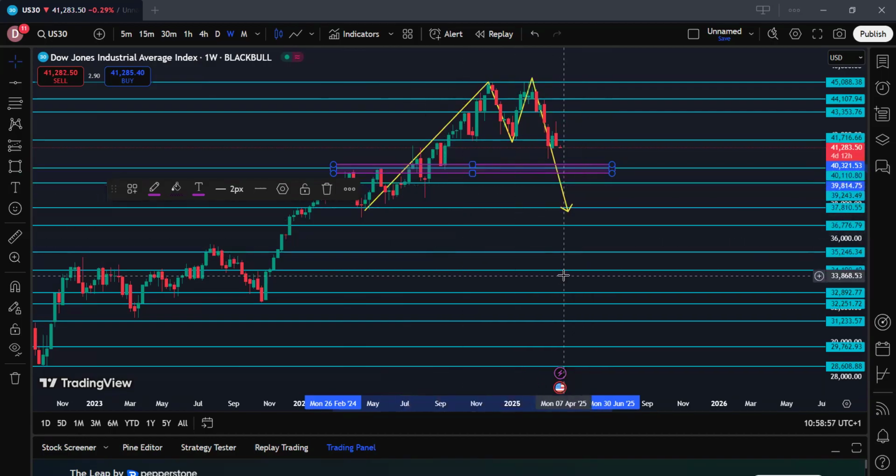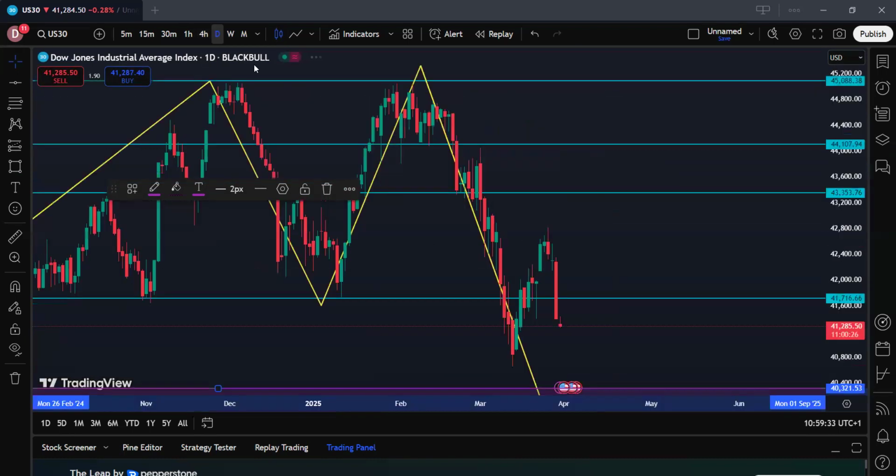It's not necessarily highlighting an area that could be an area of rejection, but it is an area to take into consideration based on quite a lot of candlesticks retesting around the zone here. So what we could possibly be expecting is that I do feel the Dow Jones will eventually reach 37,821.